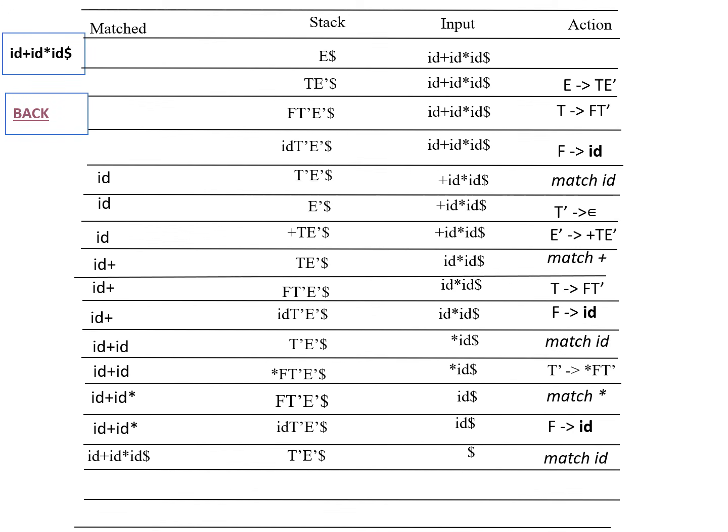Verify T dash on dollar: it is an epsilon entry. Now what is E dash on dollar? It is also epsilon. Sorry, the last step is E dash, and in the action part, the last one is E dash derives epsilon. So now the processing is complete.